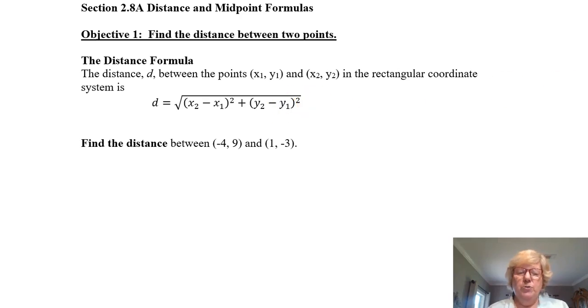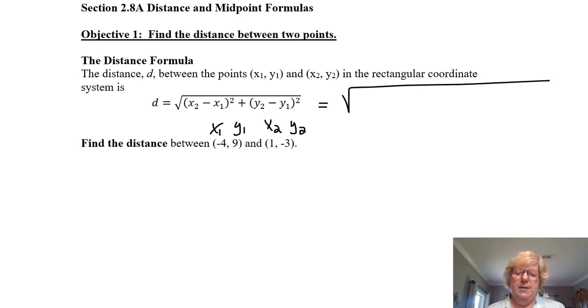Now what we will do is find the distance. First, I'm going to label my ordered pairs x1, y1, and x2, y2. Then I'm going to substitute in the values that I'm given.